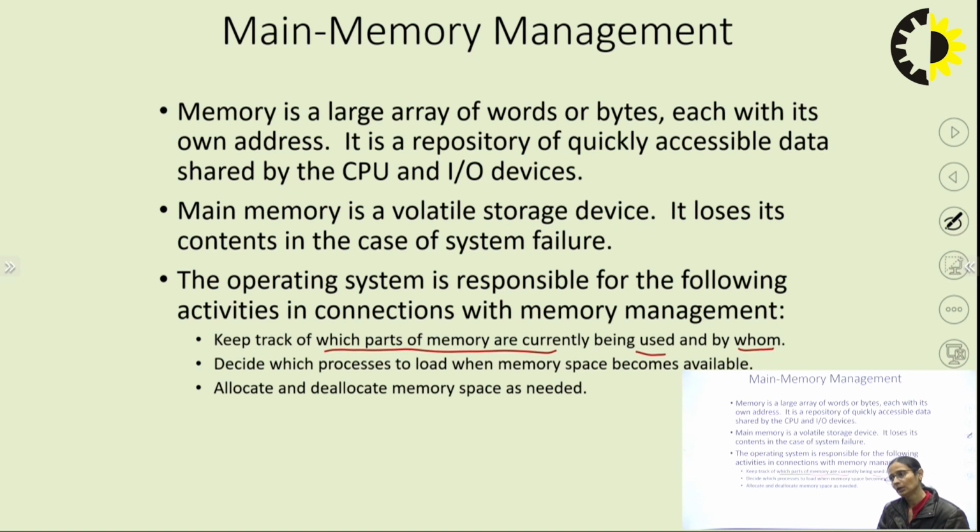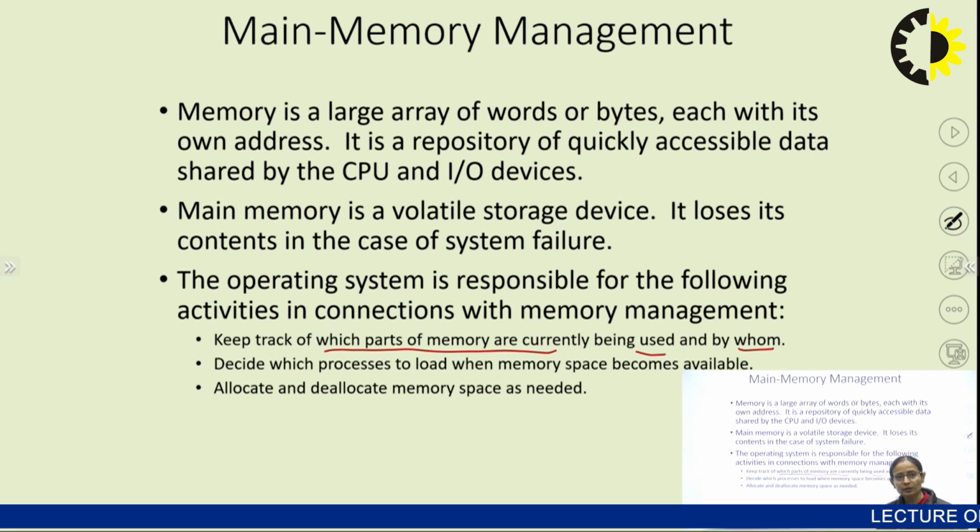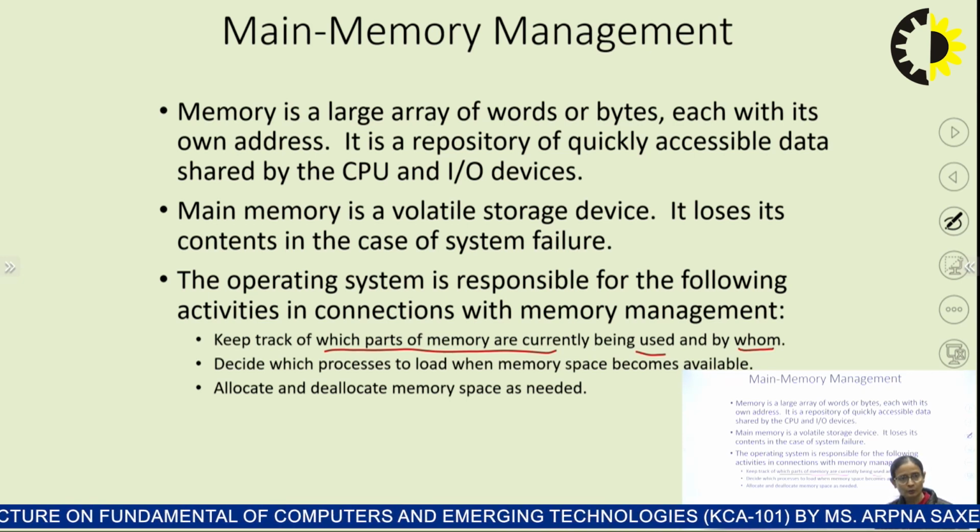For example, some process terminates, then its space becomes available, and if we have 4 or 5 processes waiting to get space allocated, then in that case the OS has to decide which particular process needs to be allocated memory first, and this module looks after this particular concept. Allocate and deallocate memory whenever it is required.